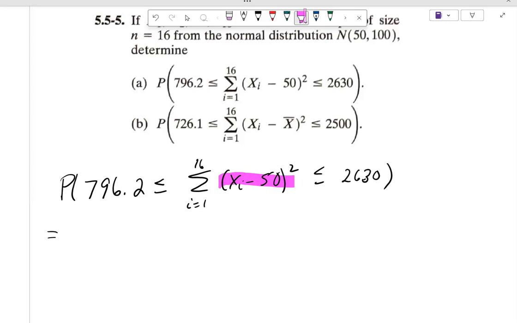What's missing from computing the z-score? Divided by the standard deviation, right? So what do you think we need to do to everything in this double inequality to convert the inside piece to a square of a standard normal? What do you think we should do? Divide by, close. I need to divide the inside by 10.